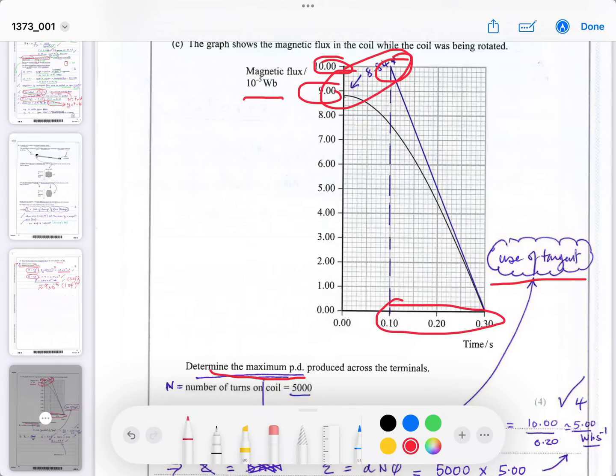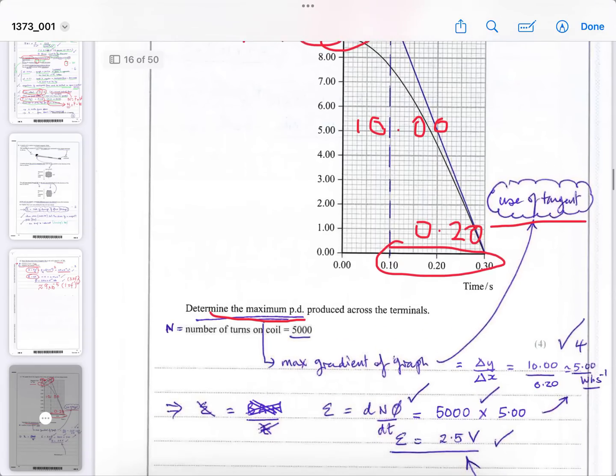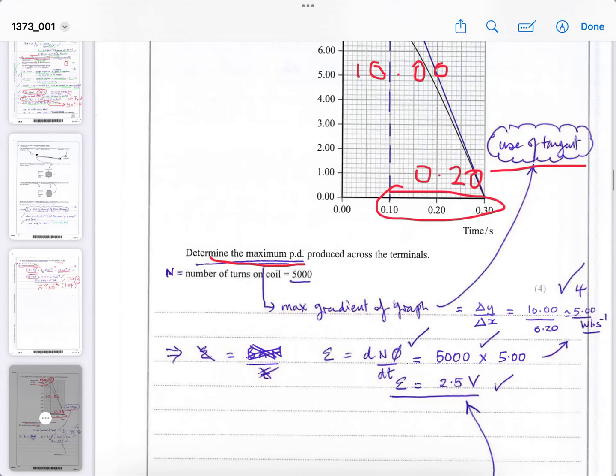So I know this is 10 up there, and this is 0.20, yeah? So 10.00 and 0.20 is the gradient of values that you need to work out from. If you do that on your calculator, you'll get the maximum gradient of the graph as being the maximum PD, because that's the greatest rate of change in the flux.